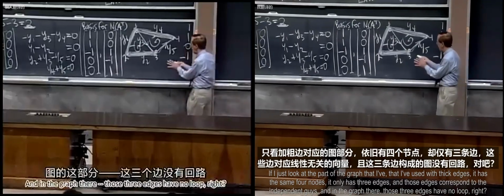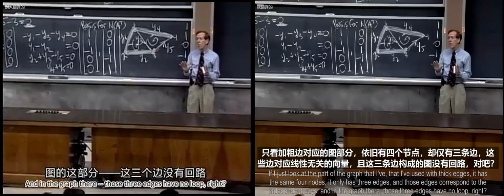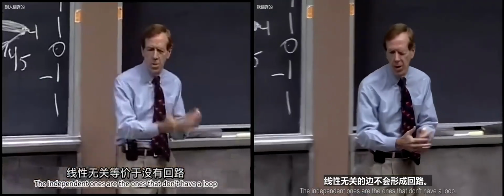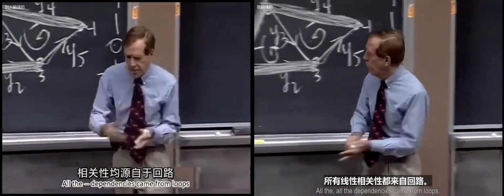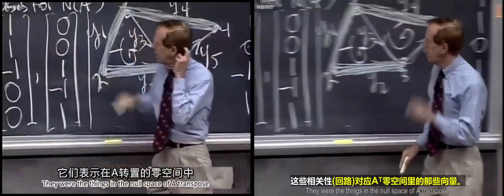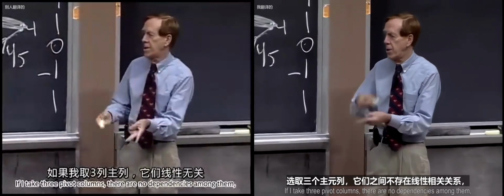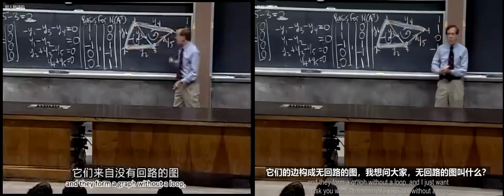And in the graph, those 3 edges have no loop, right? The independent ones are the ones that don't have a loop. All the dependencies came from loops. They were the things in the null space of A transpose. If I take 3 pivot columns, there are no dependencies among them, and they form a graph without a loop.